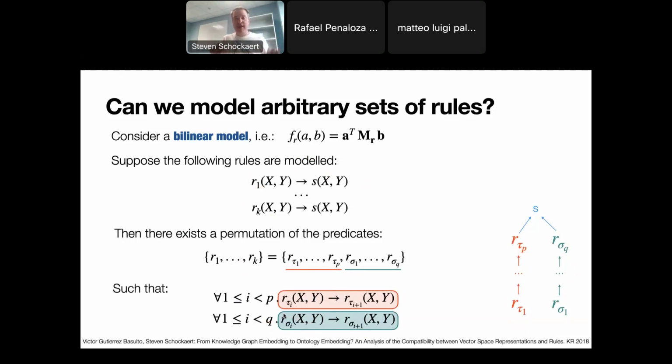So in general, what we want is something like this, where we have k relations, all of which are specializations of S, but they are not specializations of each other, and that's not possible, right? We always have either one chain of relations or two chains of relations, like we have here.